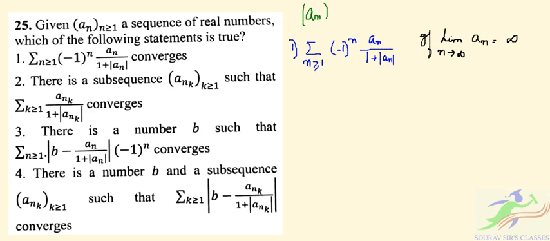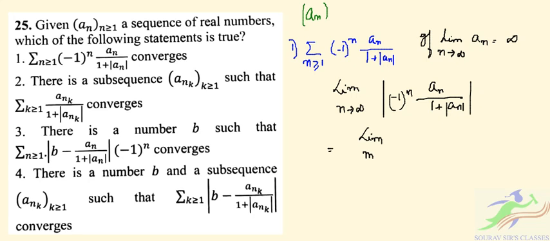Then if we put the function (-1)^n a_n over 1 plus |a_n|, and divide by a_n on both sides, the limit as n tends to infinity becomes 1 divided by (1 by |a_n| plus 1), which is equal to 1, and it doesn't tend to 0.